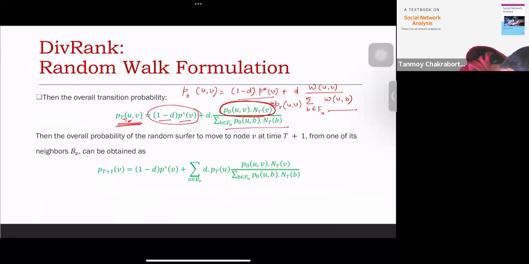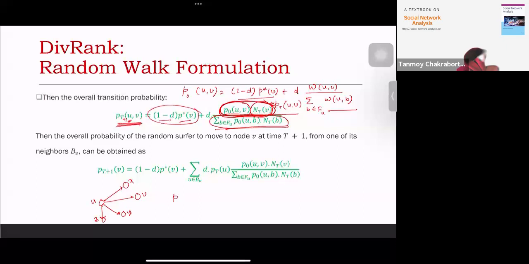The initial probability of moving from u to v is multiplied by the current visits of v, and this is normalized by the sum. Let me draw it. This is u, this is v, say this is x, this is y, this is z.